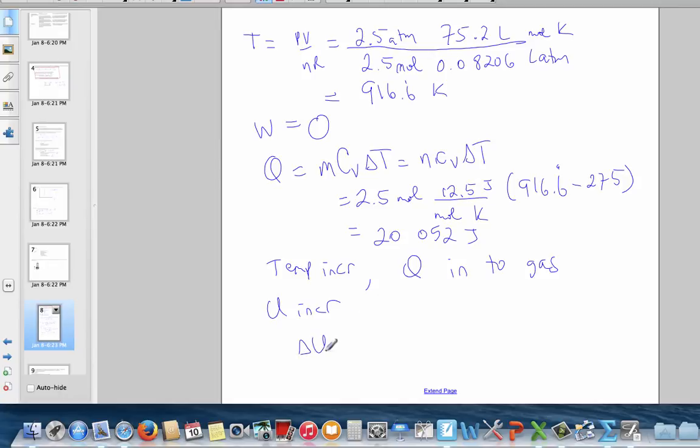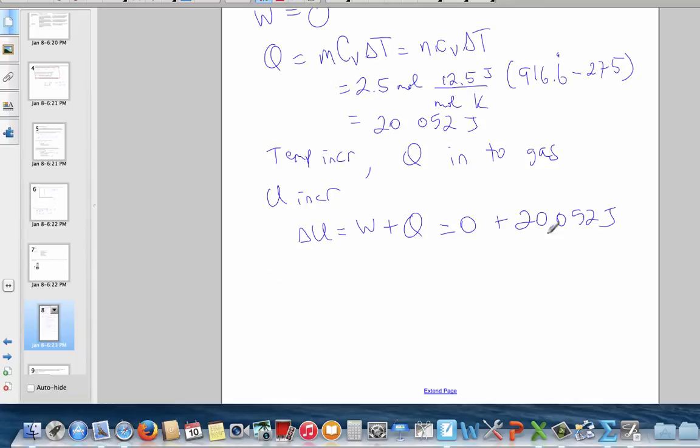Well, the first law of thermodynamics says that internal energy changes when you do work on a gas or when heat flows in. There's no work done, but 20,000 joules flowed into the gas. So the total change in energy is an increase of 20,000 joules. So that's an isometric change.